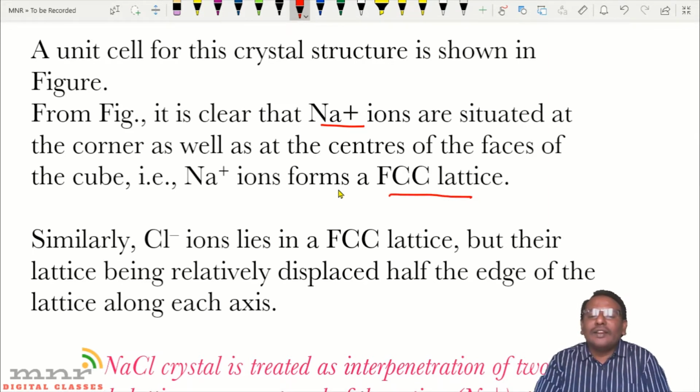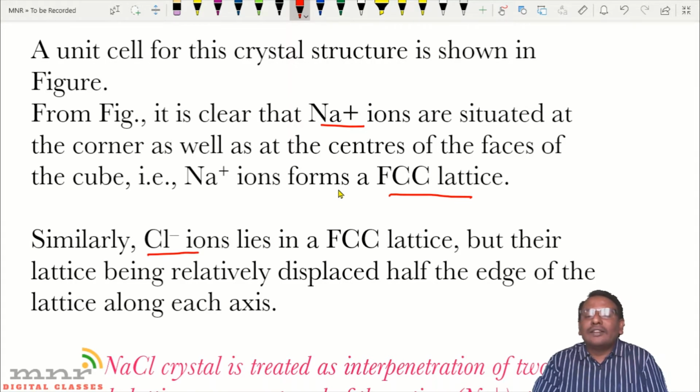Here we considered only the sodium ions. If we treat the unit cell as consisting of only sodium ions, then that resembles an FCC lattice.